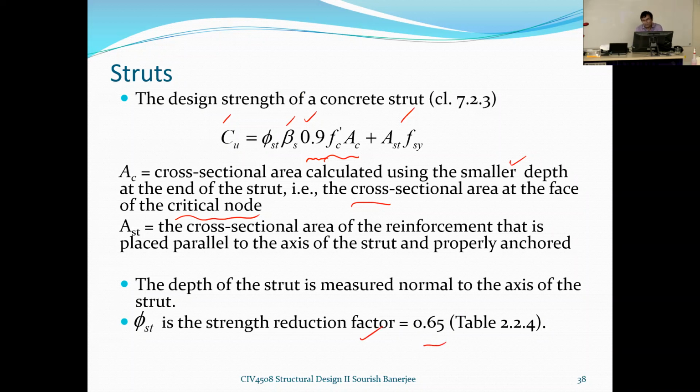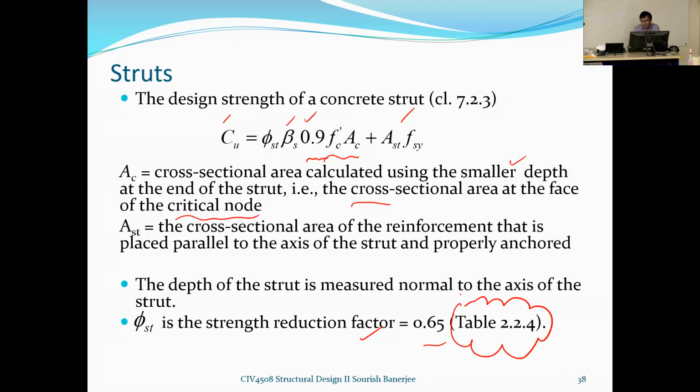Now, remember one thing: the capacity reduction factor which we have used for other models, designing concrete structures using the other approach, uses Table 2.2.2. When you look at strut-and-tie modeling, we'll be using Table 2.2.4. It is very important to check these things.